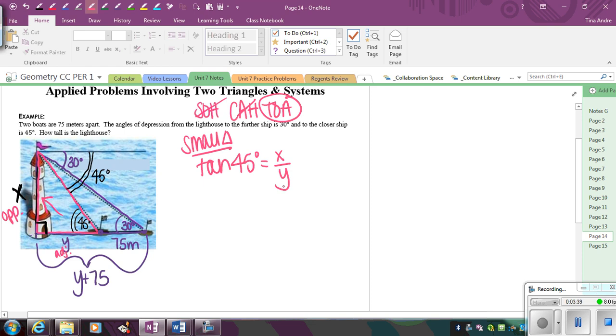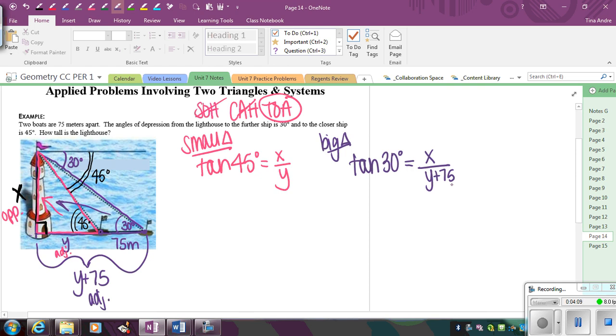I can't solve that right now because I have two variables. So let's look at the purple triangle, or the large triangle. In the big triangle, the 30, this would be the opposite. So it'd be tan of 30 degrees is equal to the opposite over the adjacent. The adjacent is this entire bottom, the entire leg, so y plus 75. And again, I can't solve that because it has two unknowns.